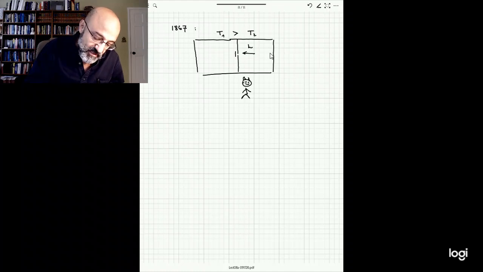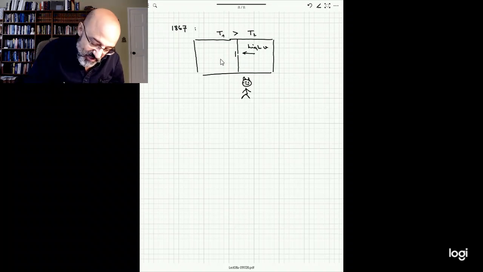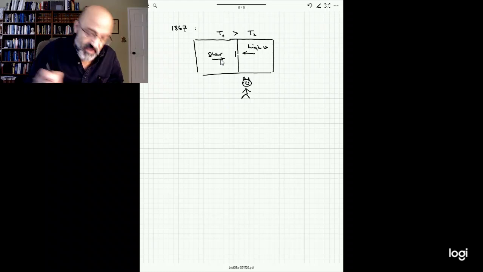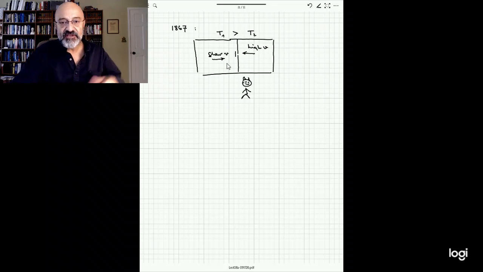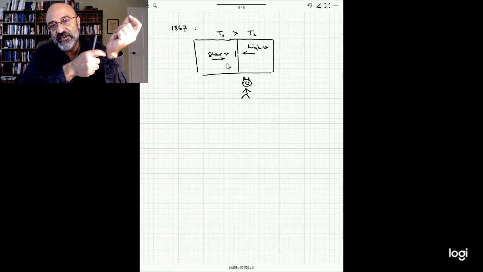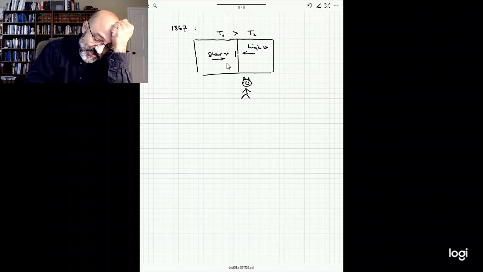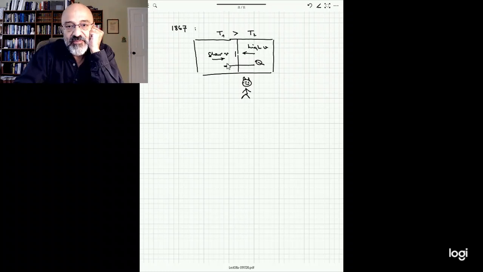So this is high velocity. And then he closes the door. And then he does the same thing when there is a slow molecule going from the other side. So you can see that every time a high molecule comes from one side, he lets it through. Every time a slow molecule goes from the other side, he lets it through. And the net result is that you have a transfer of heat going from low temperature to high temperature.